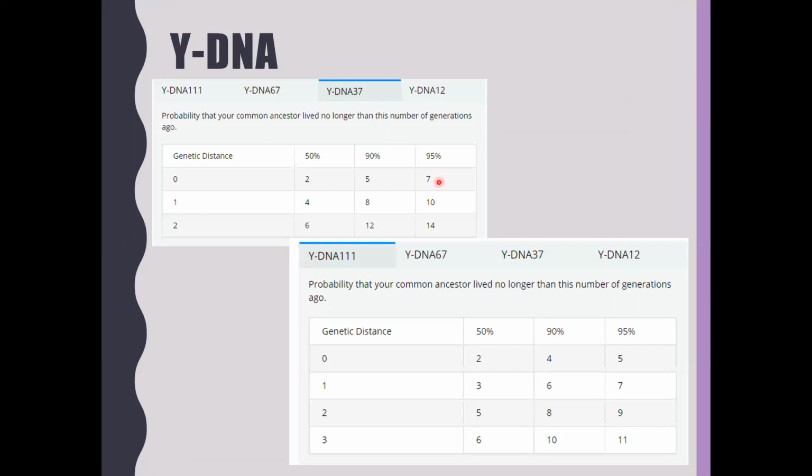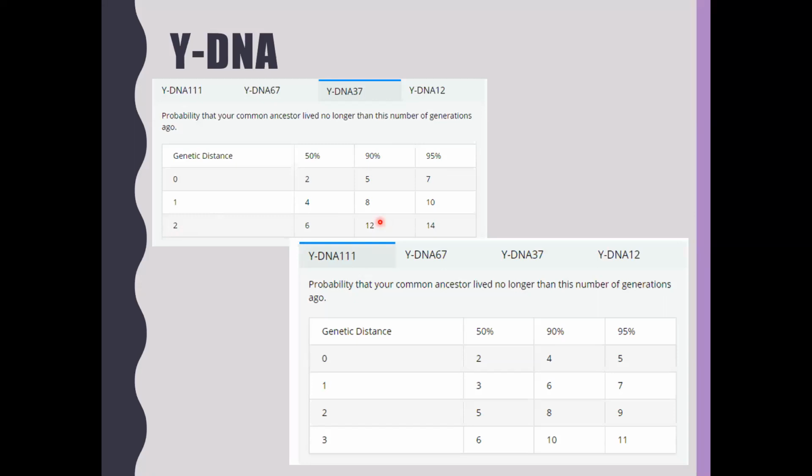But if you're looking at a genetic distance of 2, which is what my closest is, you're looking at 12 generations as the closest when you're likely to have a common ancestor. So you're looking at 300 to 400 years.